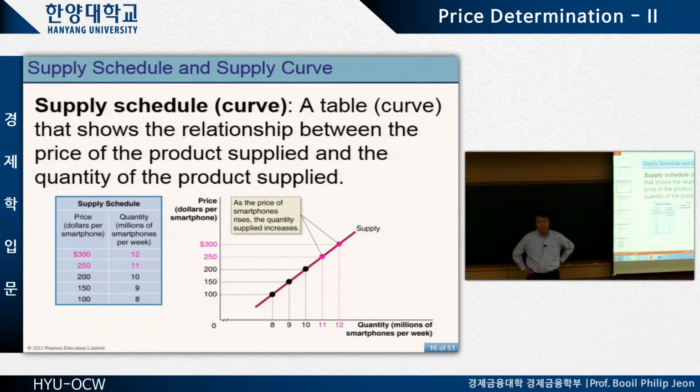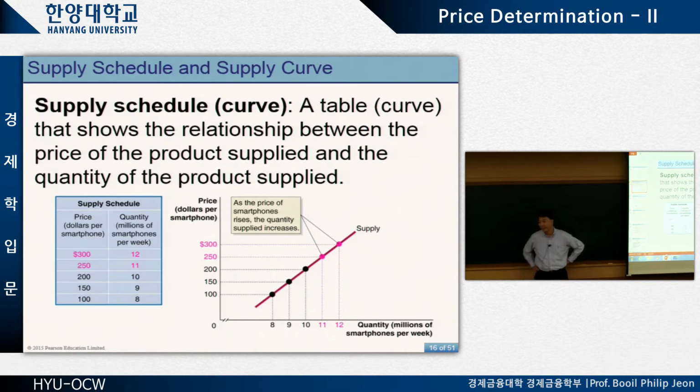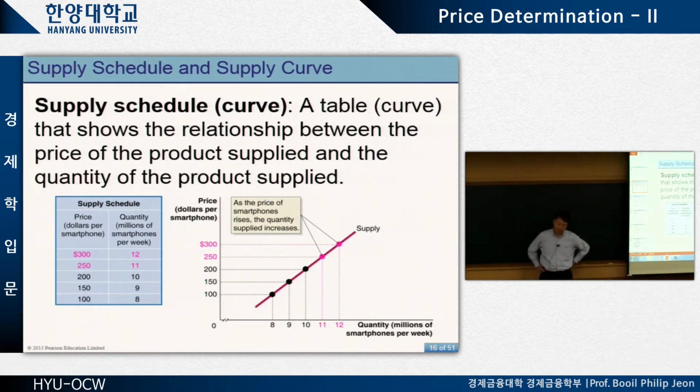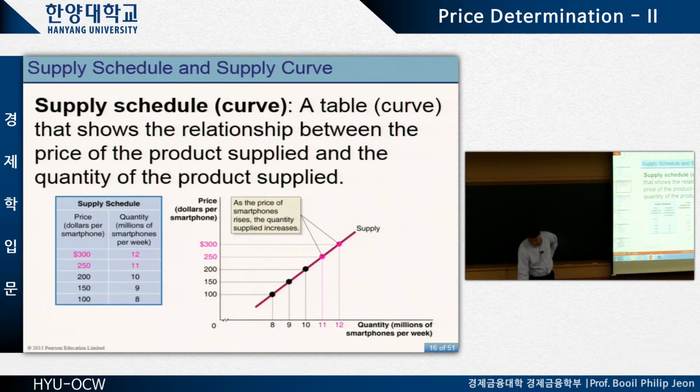And what was the reason for that? What's the motivation for the suppliers to increase the output when the price rises? Profit, yes. Very good, right? Because when the price goes up, it increases the profitability for that product, right? So as the producers increase their output, they can make a lot more money, right?